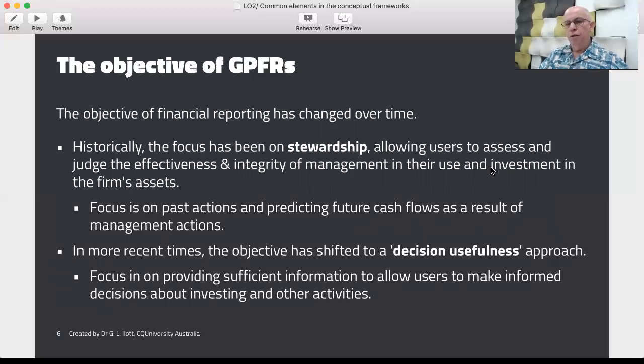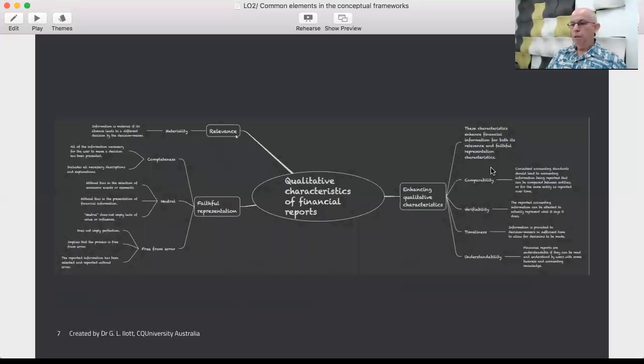Those kinds of reports focused on past actions and predicting future cash flows. In other words, the investor could decide whether or not the management of that firm is doing a good enough job. Now the focus has shifted onto the users as decision makers. And this is what we call a decision usefulness approach.